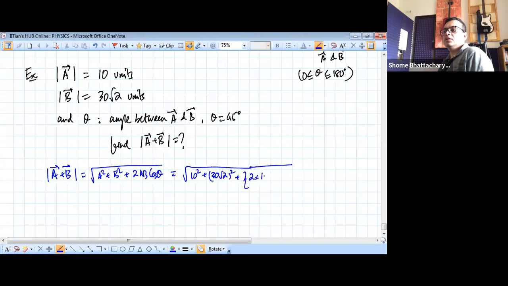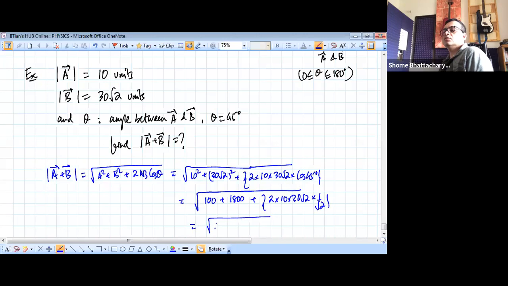So 2AB cos theta. So cos 45, you know, is 1 by root 2.